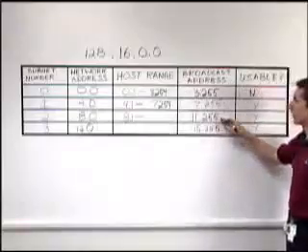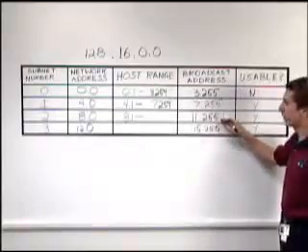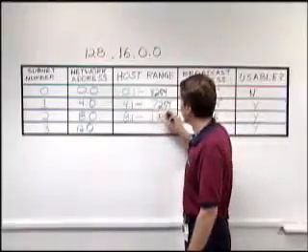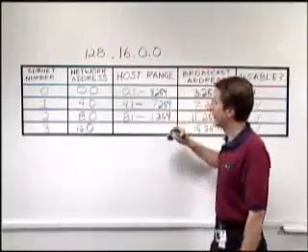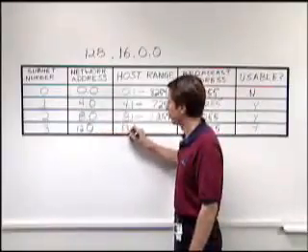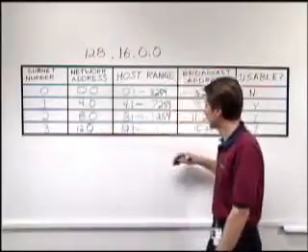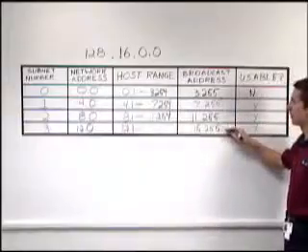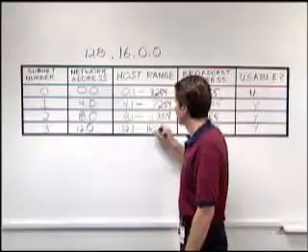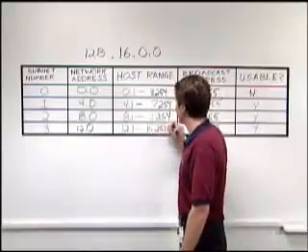And the broadcast address is 11.255, so the last available host IP address is 11.254. And for subnet 3, the network address is 12.0, so the first available host address is 12.1. The broadcast address is 15.255, so the last available host address is 15.254.